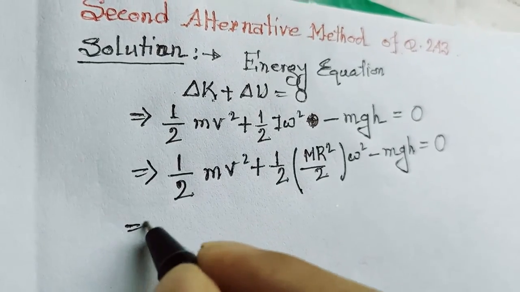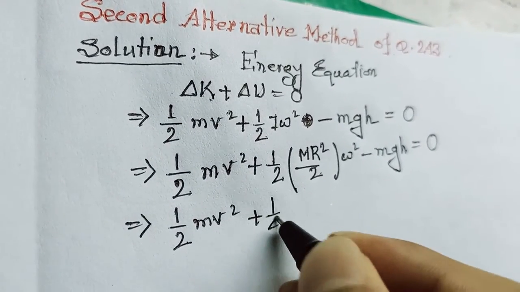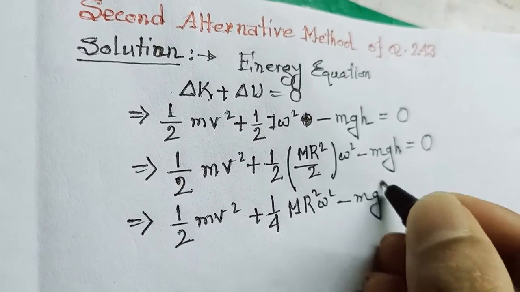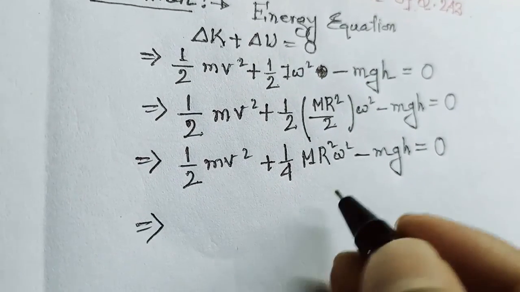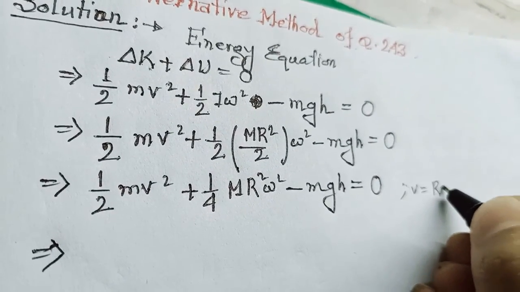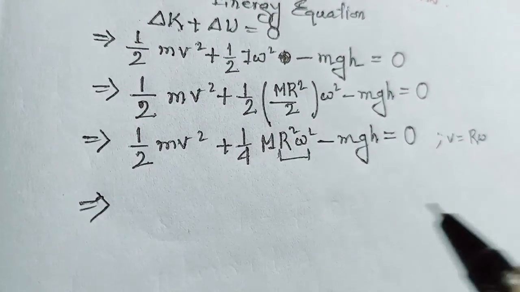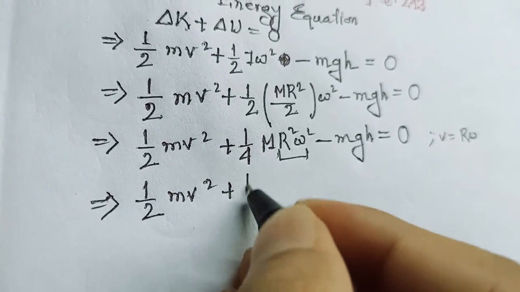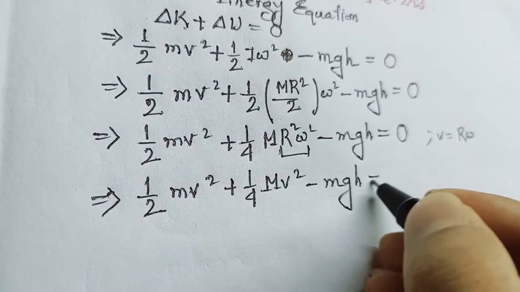So our equation becomes half m v square plus 1 by 4 m r square omega square minus mgh is equal to 0. But as we know, v equal to r omega, so v square equal to r square omega square, so we will put r square omega square as v square. So our equation becomes half small m v square plus 1 by 4 capital M v square minus mgh, that is equal to 0.